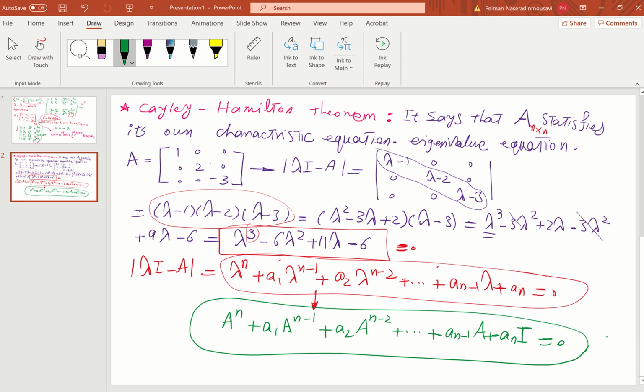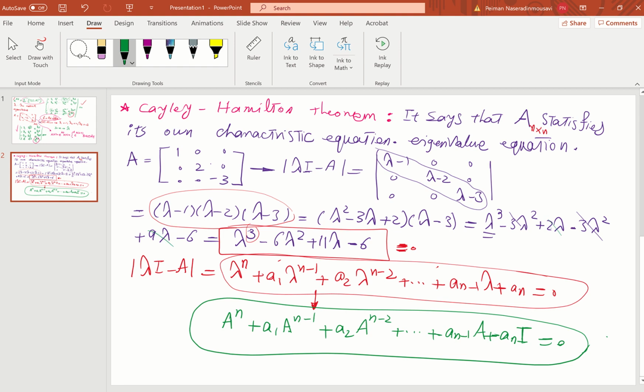On the other hand, let me double check this. Lambda square minus 3 lambda plus 2 times lambda minus 3 gives lambda cube minus 3 lambda square plus 2 lambda minus 3 lambda square plus 9 lambda minus 6. So it's lambda cube minus 6 lambda square plus 11 lambda minus 6.